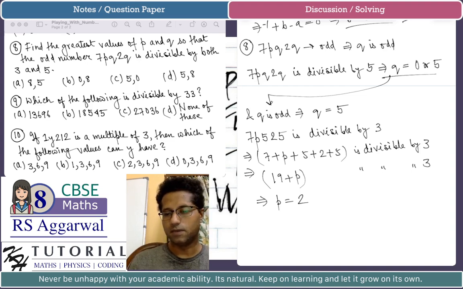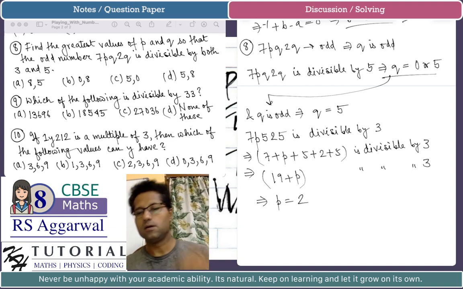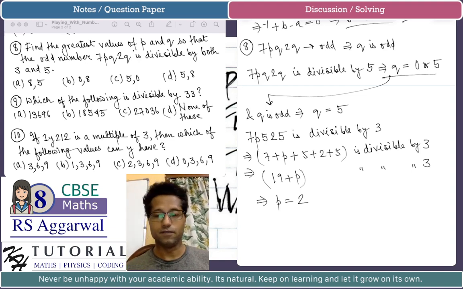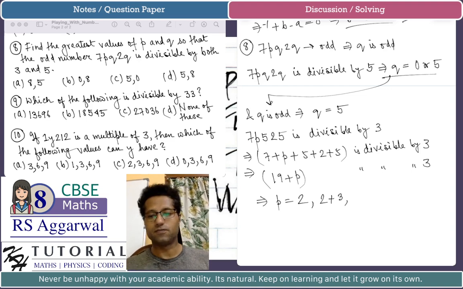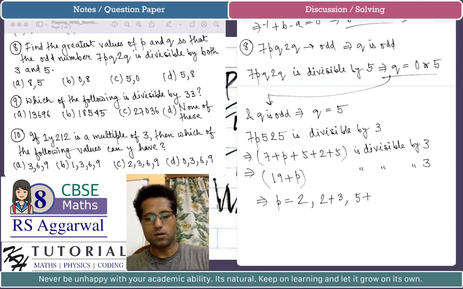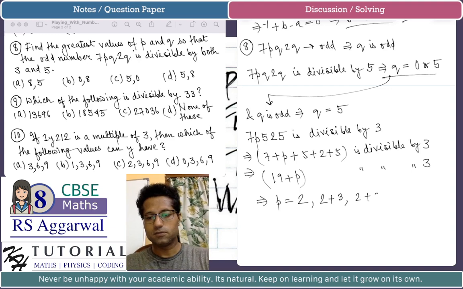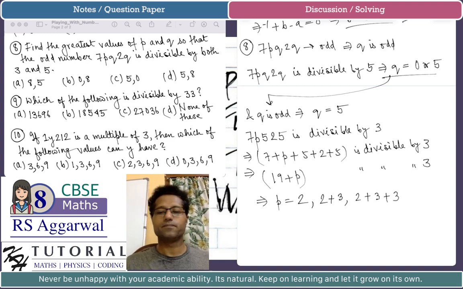Now what can be any other value of p such that 19 plus p is divisible by 3? Those values are 2 plus 3, which is 5, again 5 plus 3, or you can say 2 plus 3 plus 3.